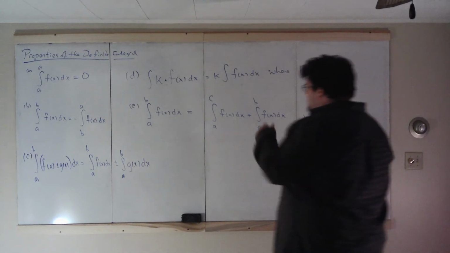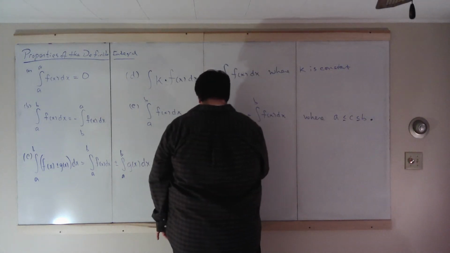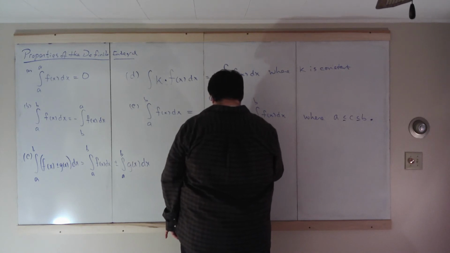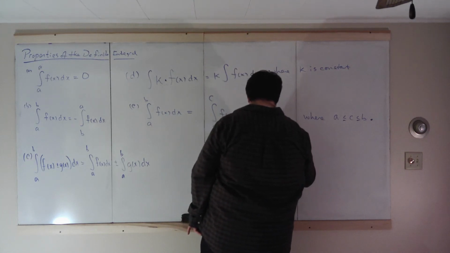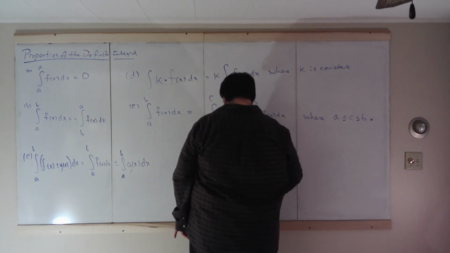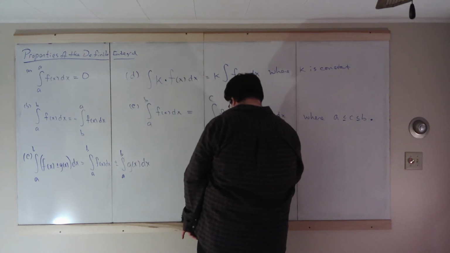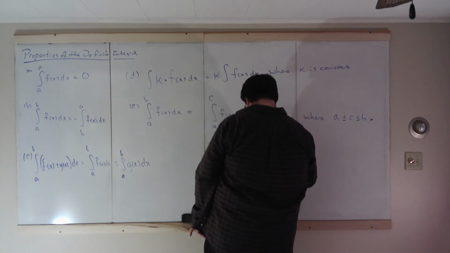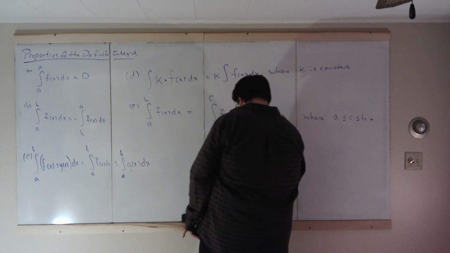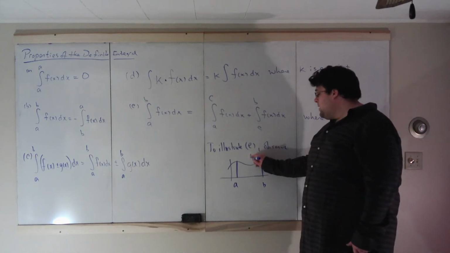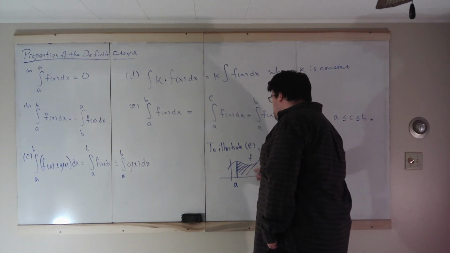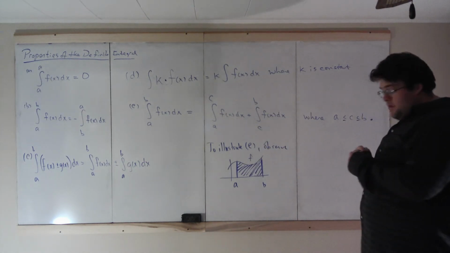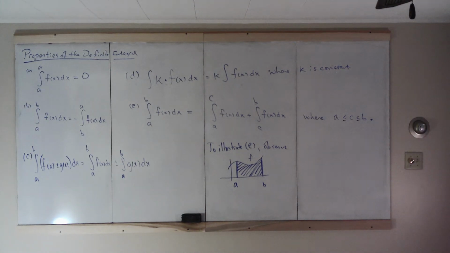Now, what would that look like? Well, to illustrate that, observe this. The integral from a to b gives us this area. There's the other color marker.